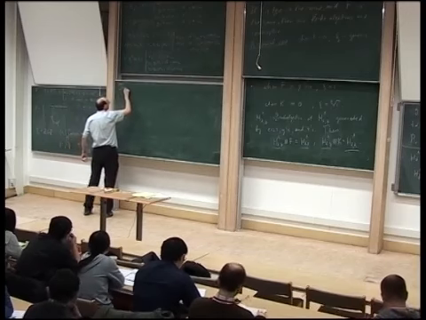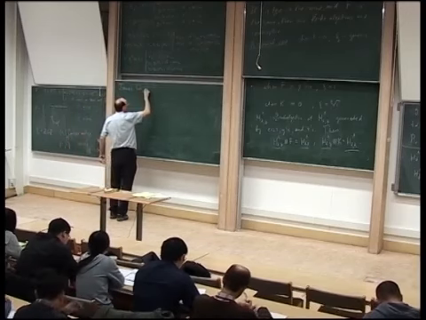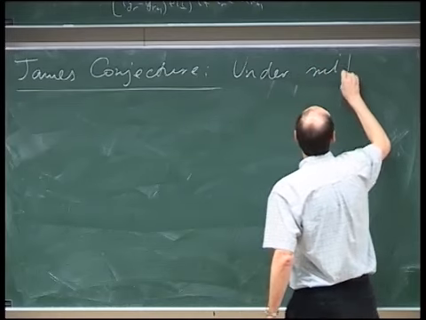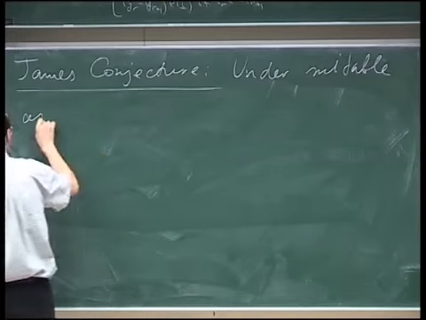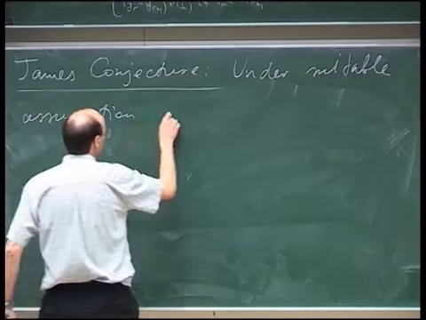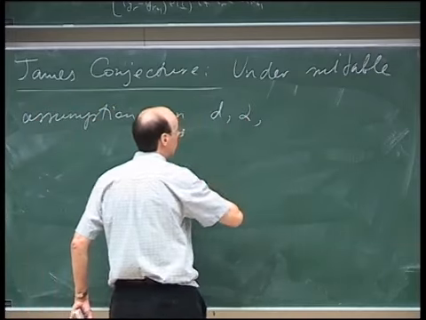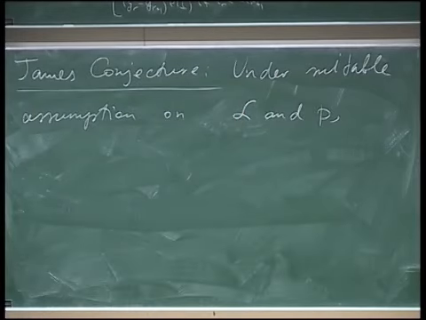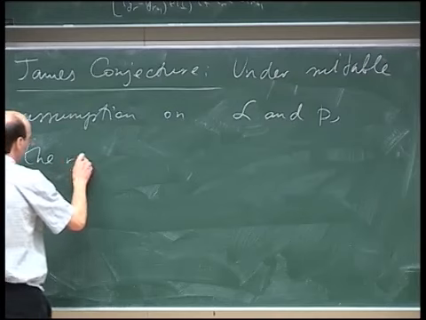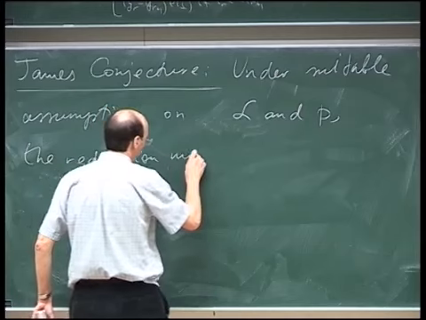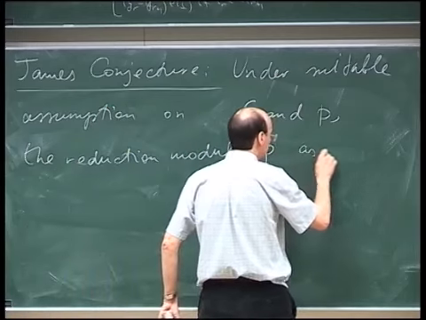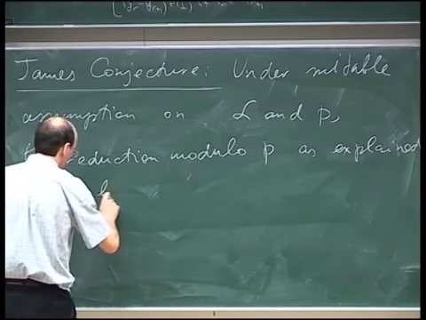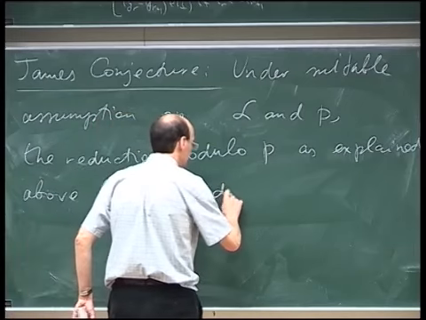So the James conjecture, from this point of view, says that under suitable assumptions, on a block in characteristic P, the reduction modulo P, as explained above, leaves irreducible modules irreducible.